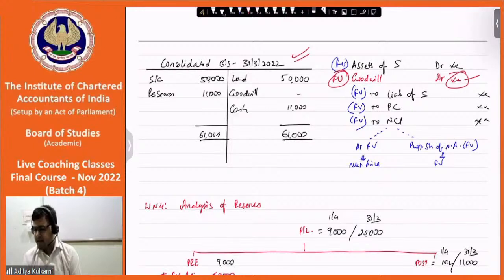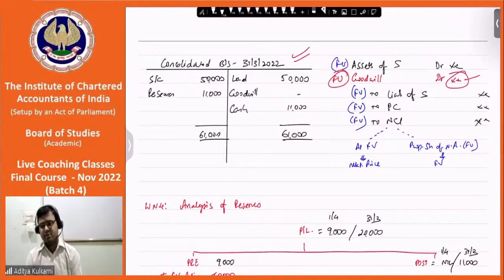Shivashankari, let me know if your doubt is addressed regarding NCI at fair value. See, fair value on the date of acquisition is important. Later on, what you are going to do will depend on what S Limited does in its balance sheet.